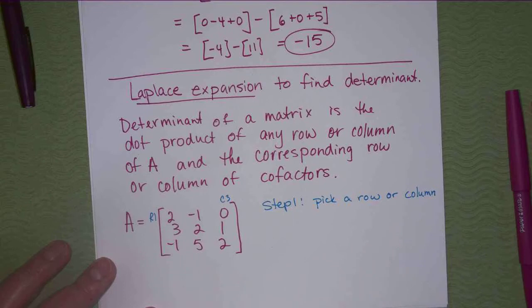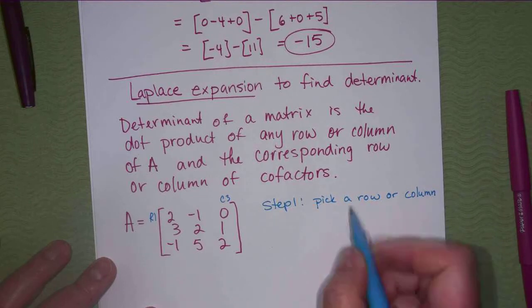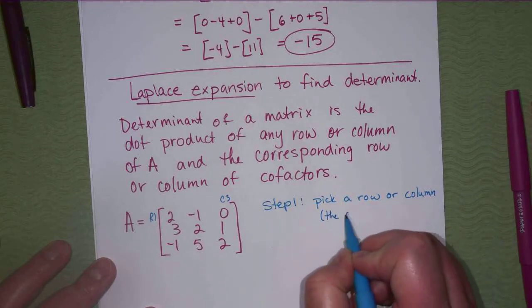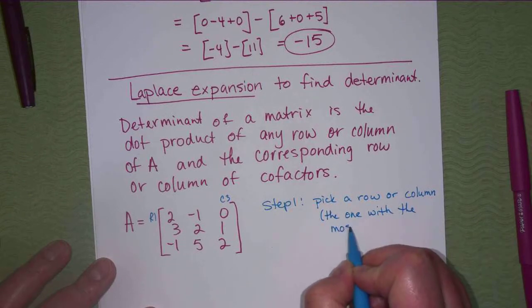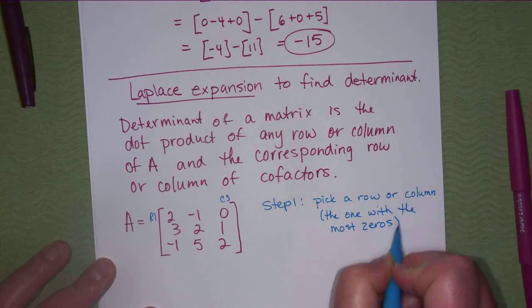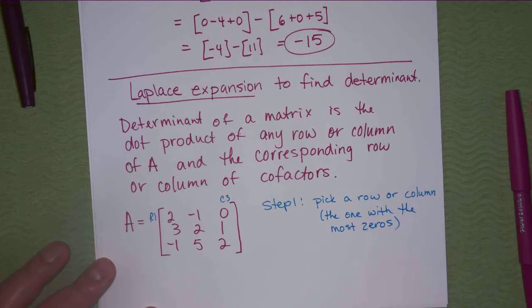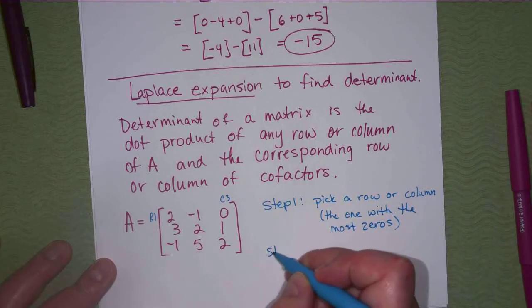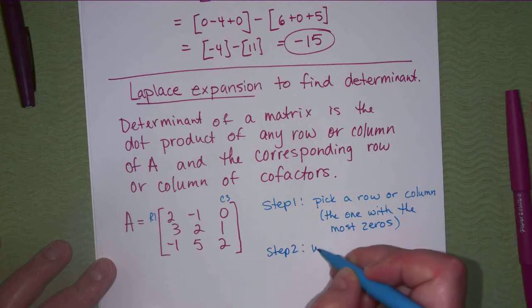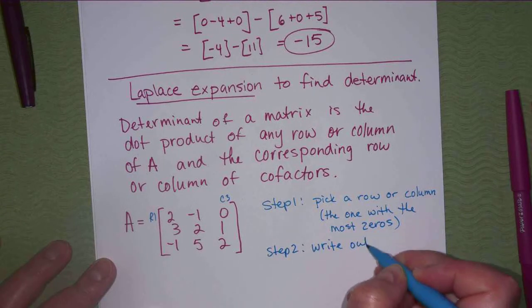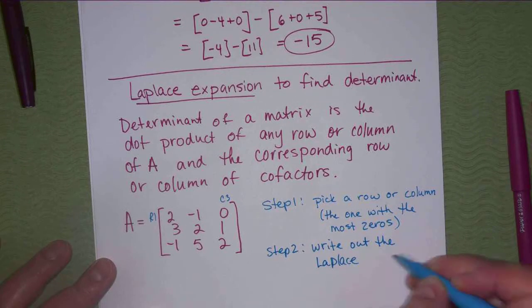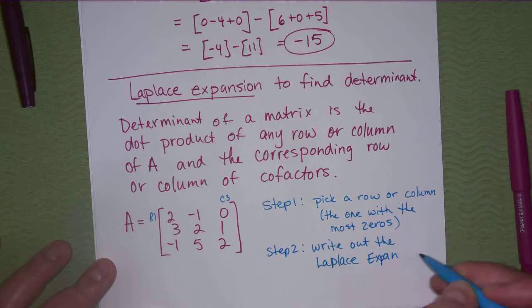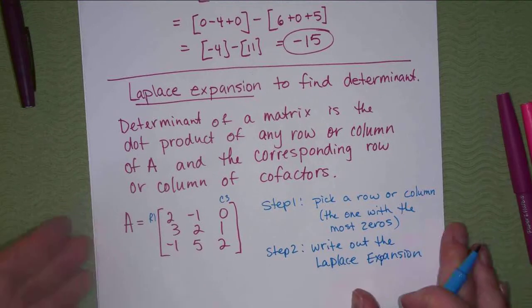So pick a row or column, the one with the most zeros. Okay, so that would be your first choice. And then step 2, write out the Laplace expansion, which I'll show you how to do. All right.